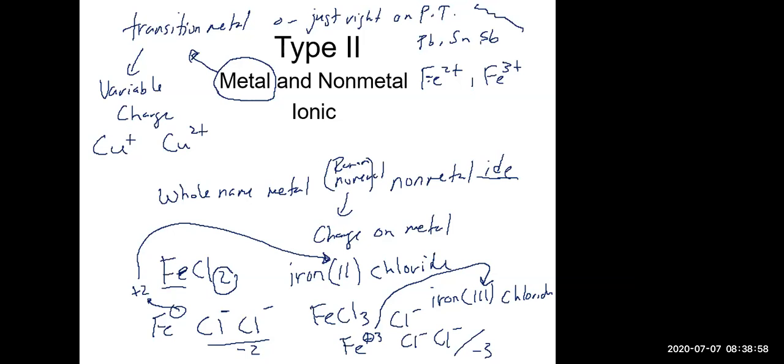The naming tells people we're talking about iron with a +2 charge in one case, and iron with a +3 charge in the other. Transition metals are the ones that can do that. Just to the right of the transition metals, lead, tin (Sn), antimony, and bismuth typically can and should have Roman numerals as well.